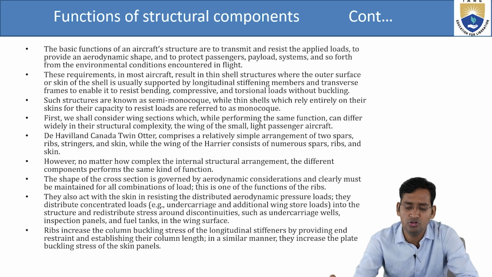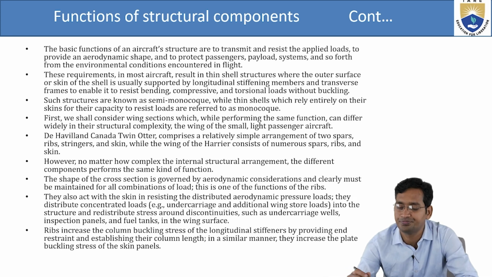These requirements in most aircraft result in thin shell structures where the outer surface or skin of the shell is usually supported by longitudinal stiffening members and transverse frames to enable it to resist bending, compressive and torsion loads without buckling.